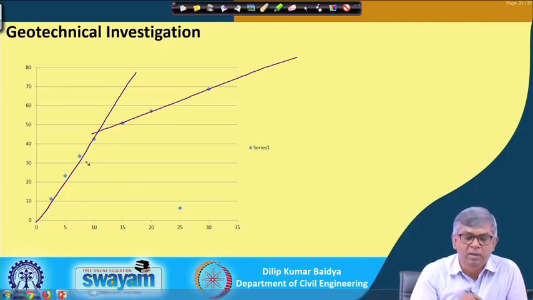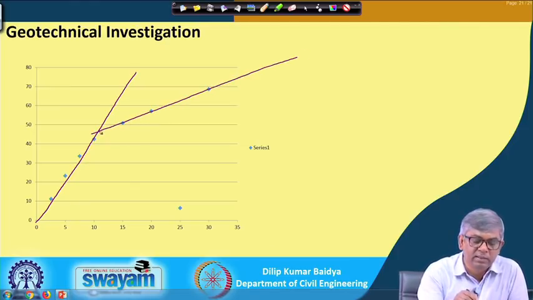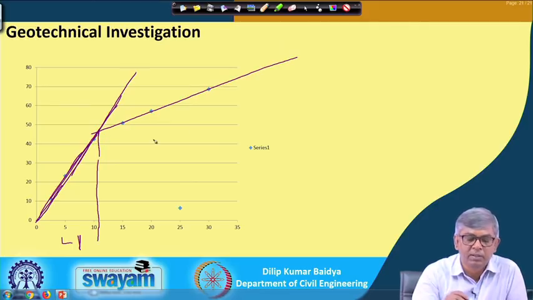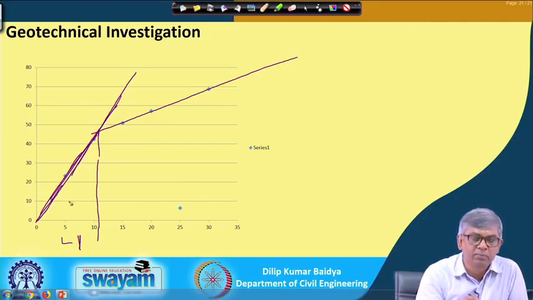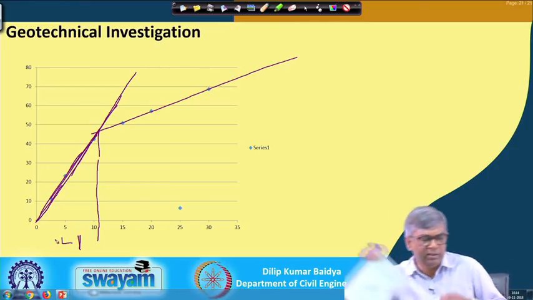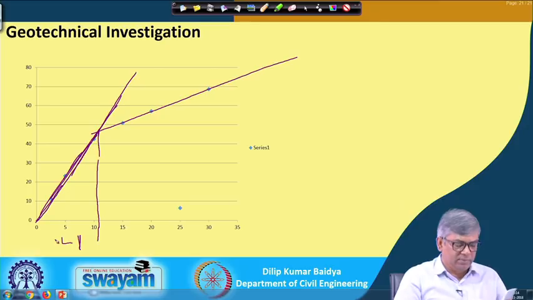Now, for calculation of thickness, this will give you L1, and you can find out the slope of this line, or I can find L2 minus L1 by T2 minus T1.